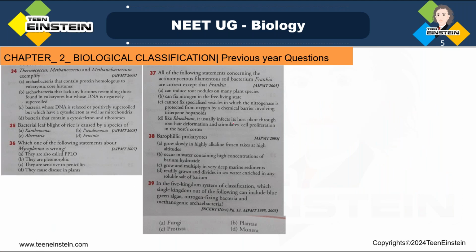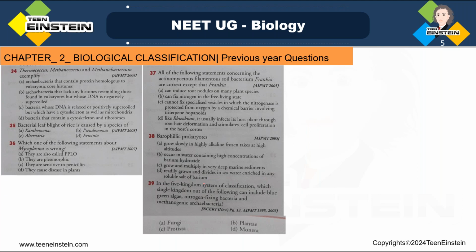Next, question number 38. Here, barophilic prokaryotes. They have given four options. They grow slowly in highly alkaline frozen lakes at high altitudes, and option B occur in water which is containing higher concentration of barium hydroxide, and option C grow and multiply in very deep marine sediments, option D readily grow and divide in seawater enriched in any soluble salt of barium.